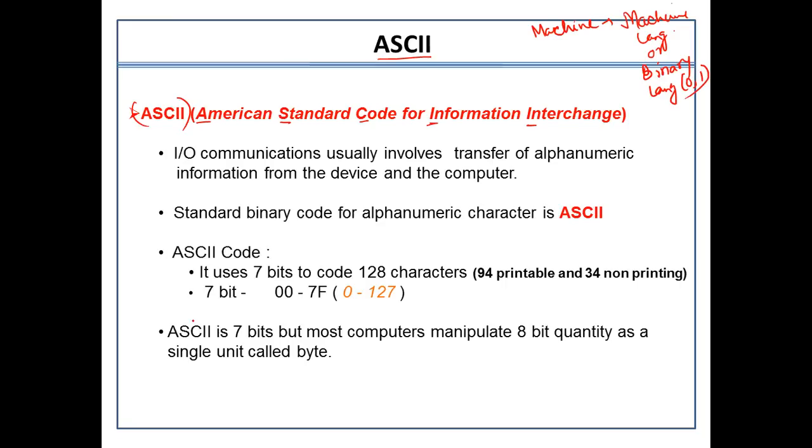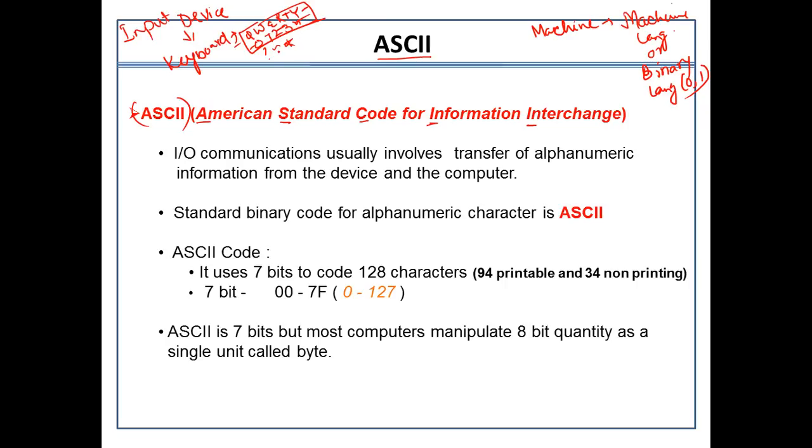Now, my question is that when I say an input device is there, let's suppose it is a keyboard, and on this keyboard we have various keys present. These keys normally consist of alphabetic and numeric characters, and even special characters will be present.